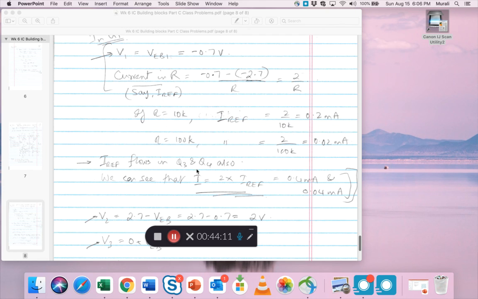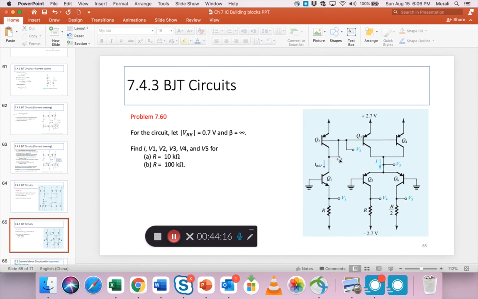I reference flows in Q3 and Q4 also, right? So this I reference flows in Q3 and Q4, and they add up together to form I5.